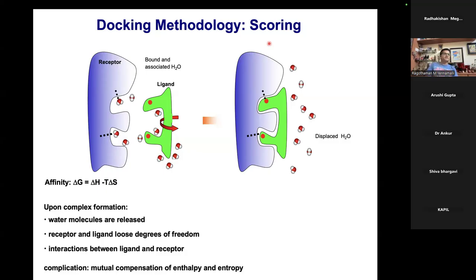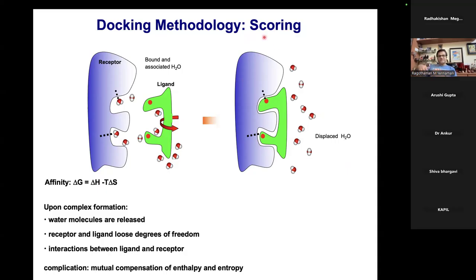And in the thermodynamic process, you have to understand that the receptor would not be waiting for the ligand to come and bind, but the receptor would already have been bound to some water molecules, and the ligand displaces these water molecules and makes the same interaction with the receptor. So the energy required to displace these water molecules is what is calculated in the scoring function.